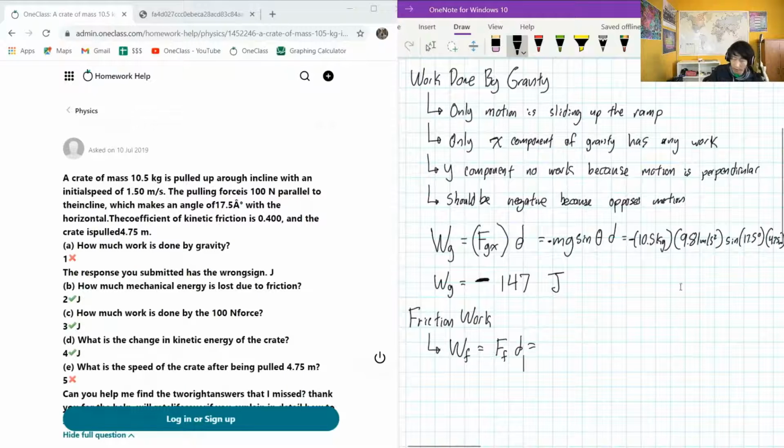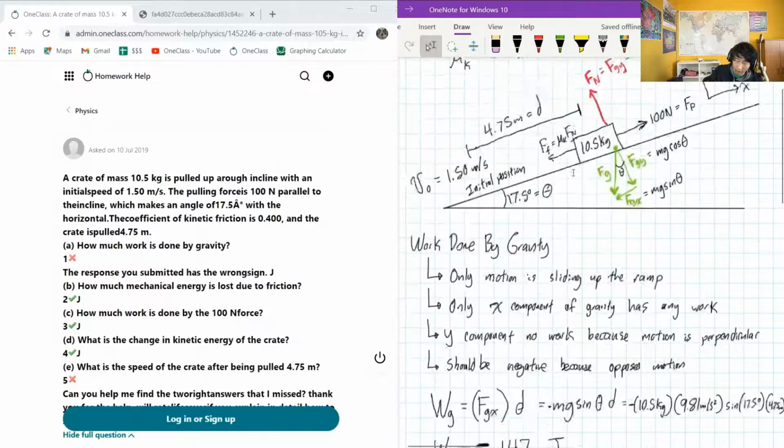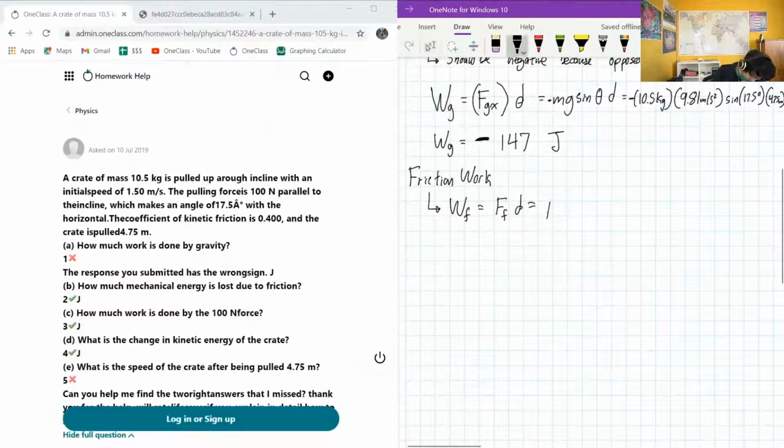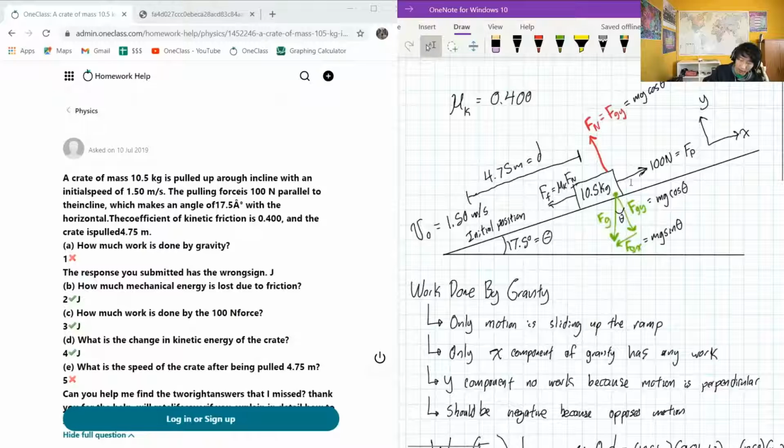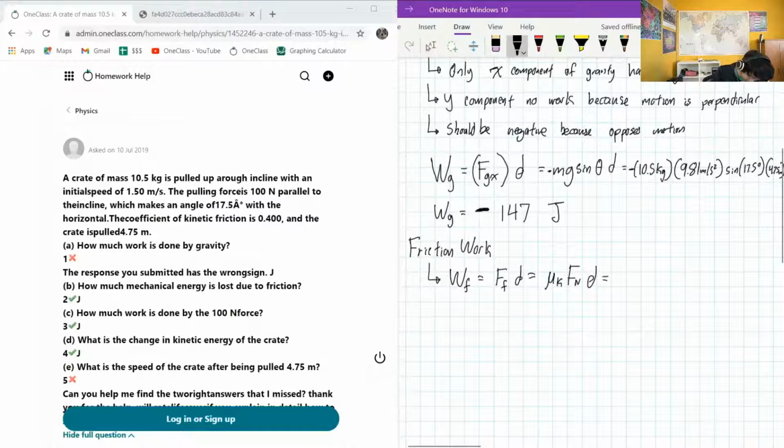And we know that the friction force from our diagram is equal to our coefficient of friction times the normal force. Mu k, normal force, times d. And we know that our normal force has to be completely equivalent to the y component of our gravity force, and that is mg cos theta. So mu k mg cos theta d, and that would be our calculation, and we just got to sub in our numbers.